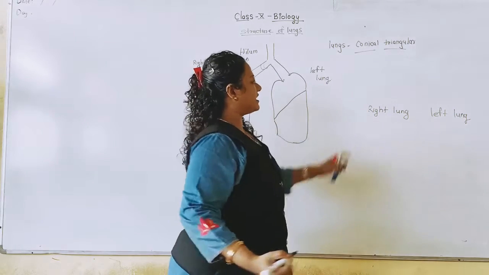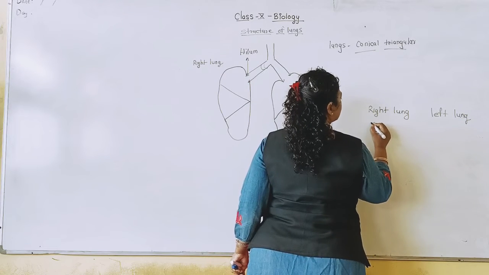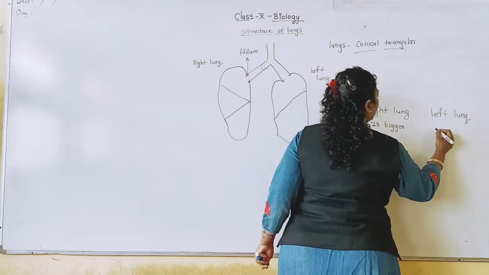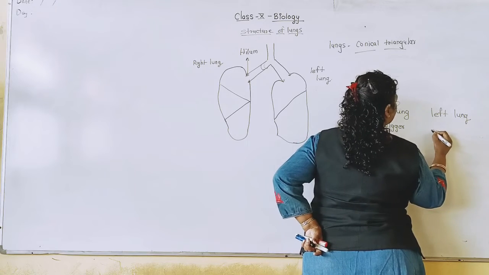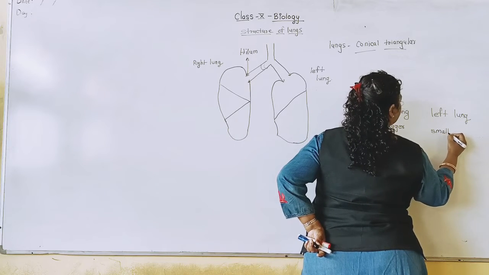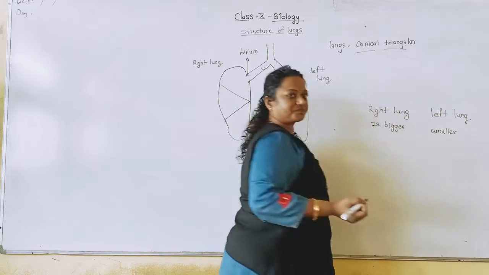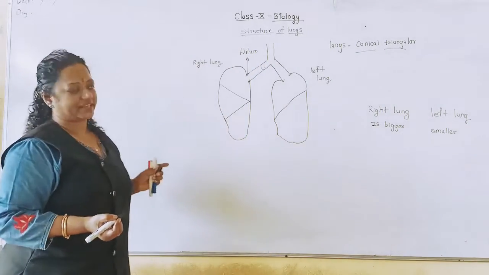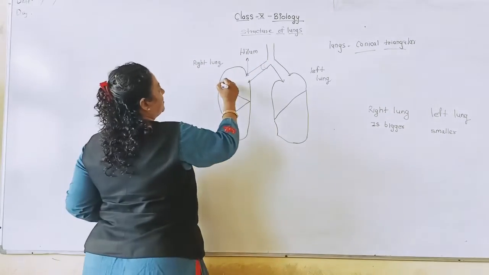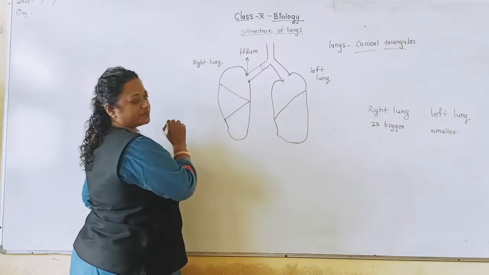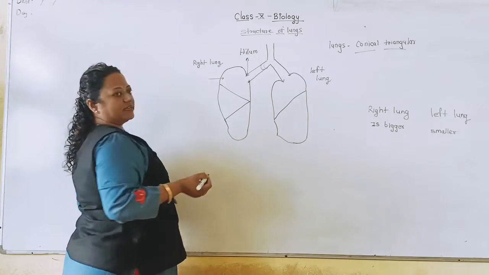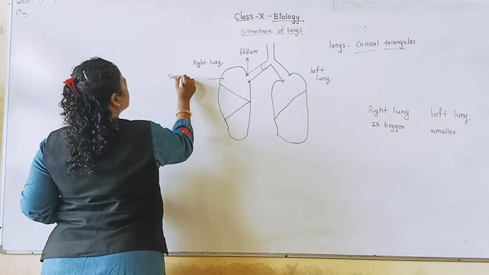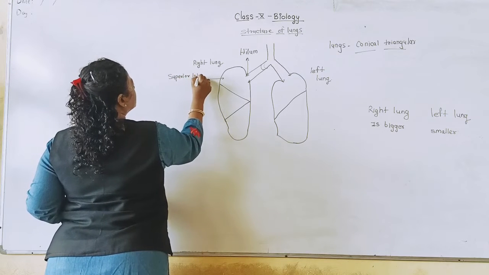The right lung is bigger in size, and the left lung is smaller in size as compared to the right lung. And it will have three lobes. This upper lobe is called the superior lobe.